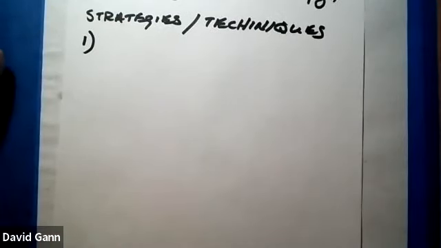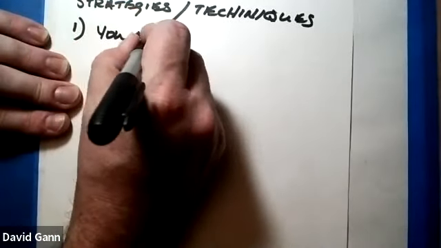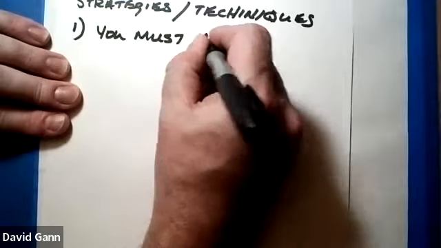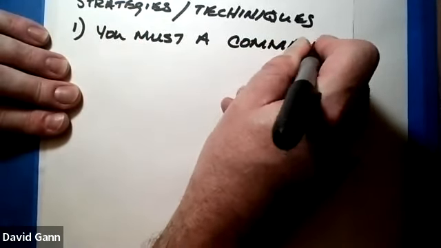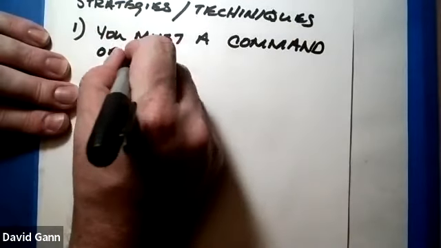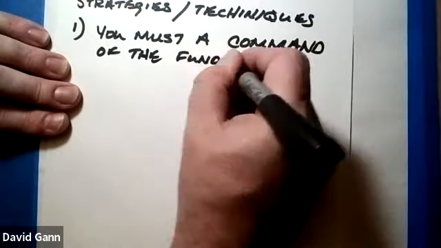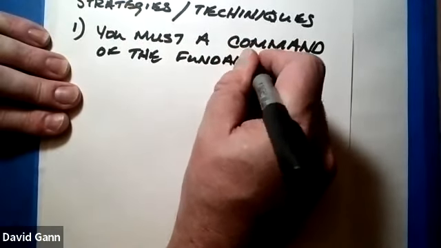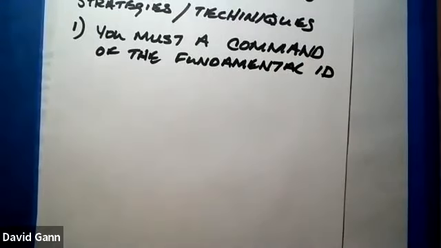The very first one, and this is so critical, which is why we went over it from the beginning, is that you must have a command of the fundamental identities. Without being able to rattle them off, you simply can't make use of them, and that's really critical.